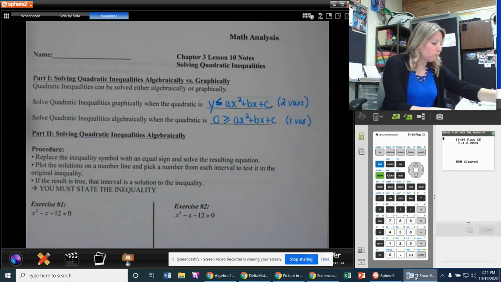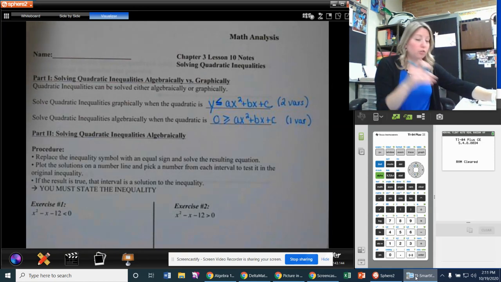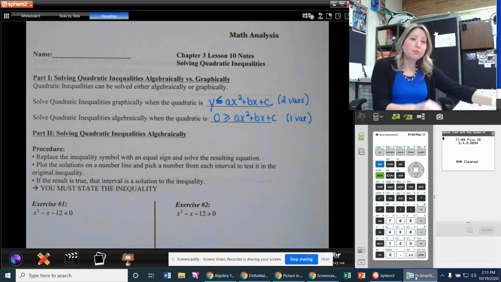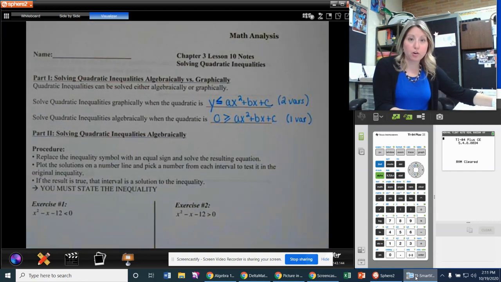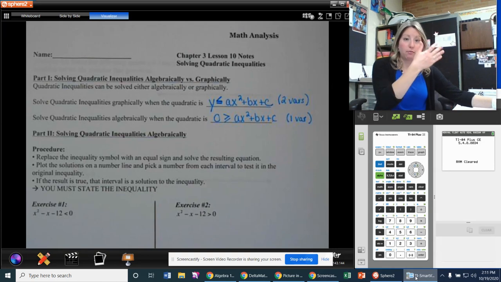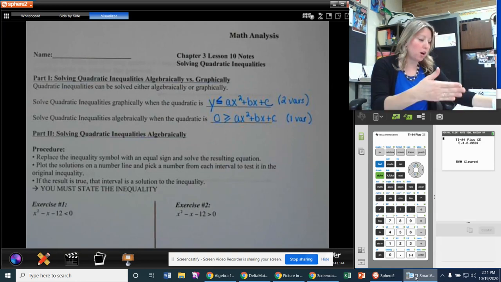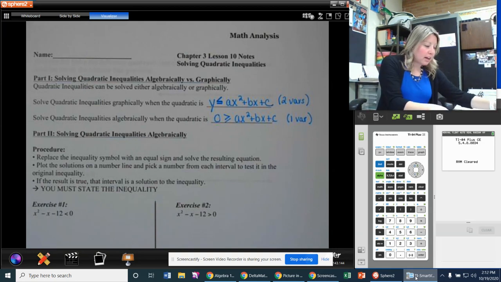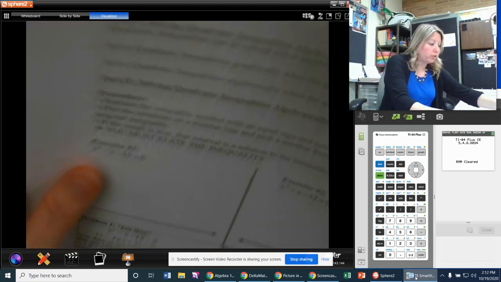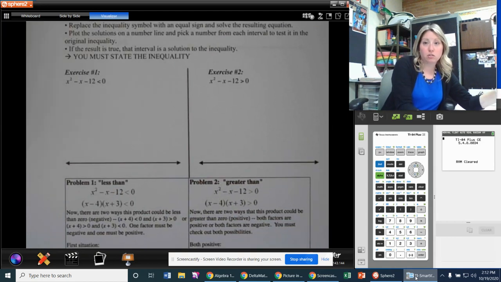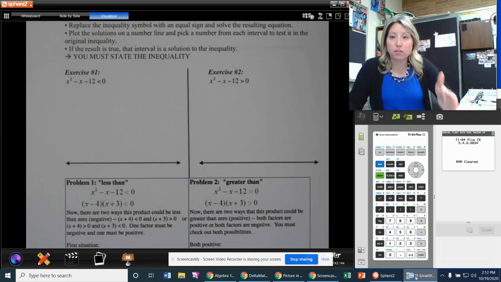So the key here is, just like with equals, you have to have one side with your 0 and all the rest of your polynomial on the other side. You have to have them in standard form. So ax squared plus bx plus c. Okay, and then as a rule, once you're finished solving, we check our answers to see where they fall in the number line.